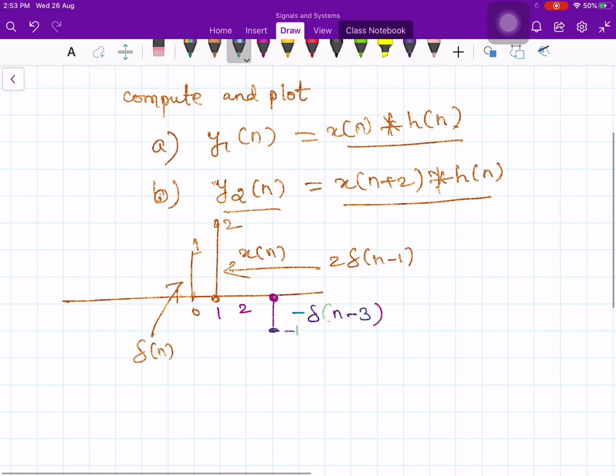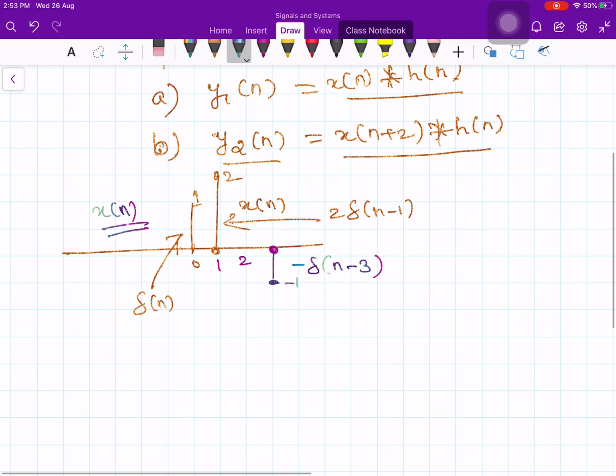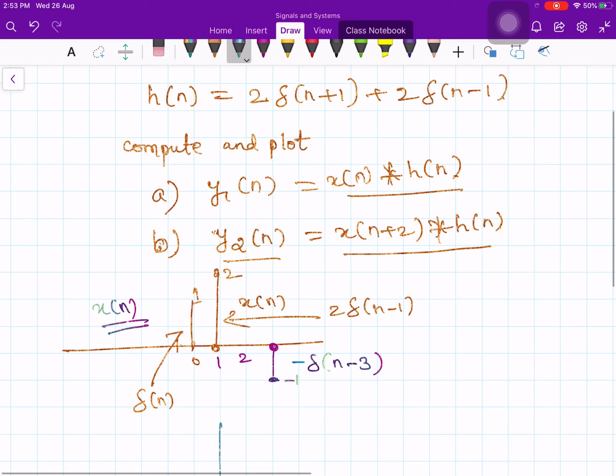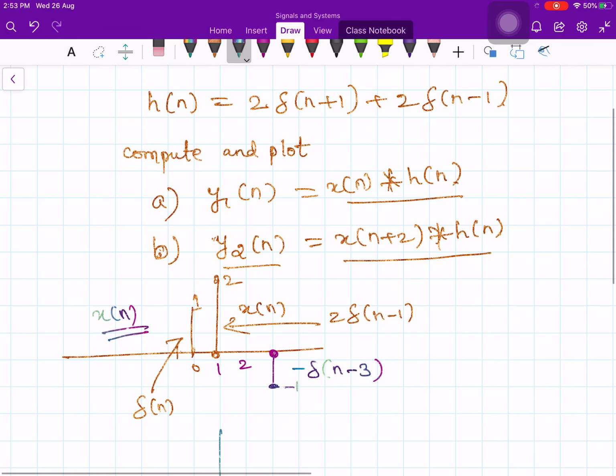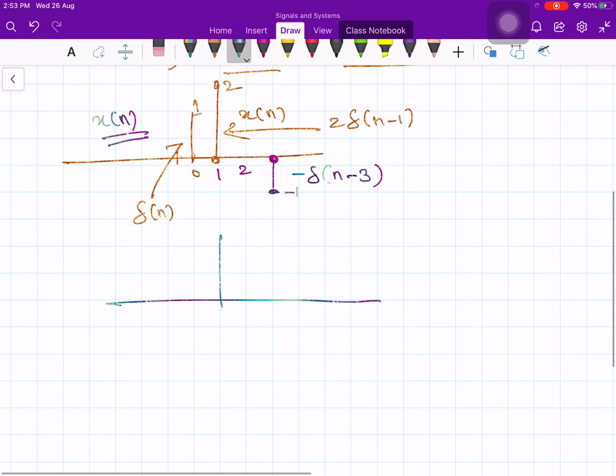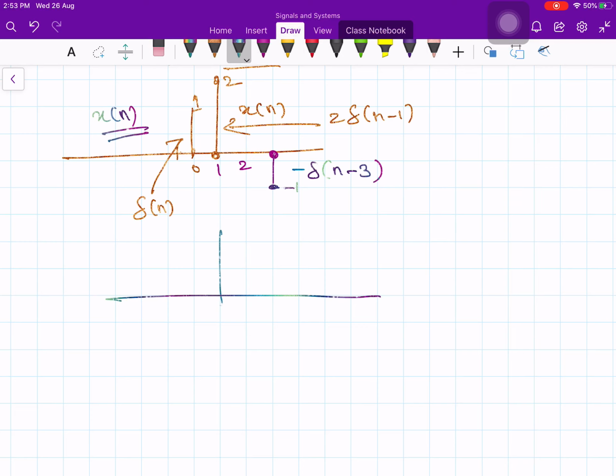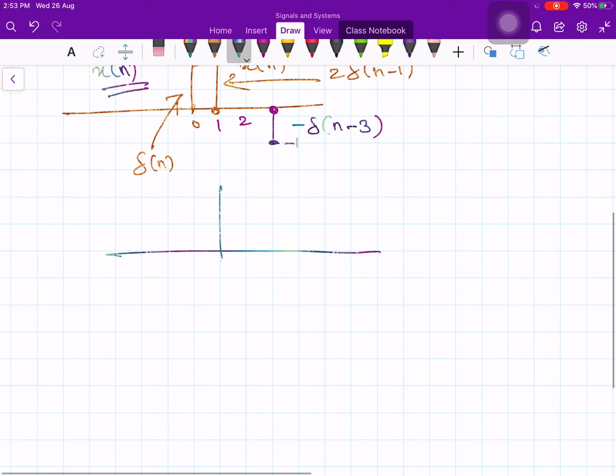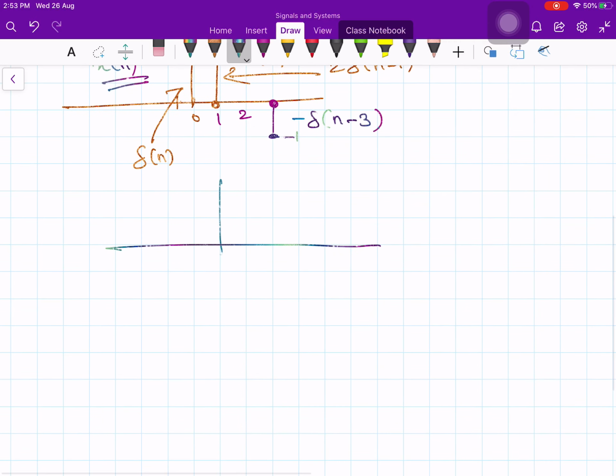Okay. Similarly, you can plot h of n also. H of n has impulses at n equals 1 and n equals minus 1, equally spaced. Let's say this is minus 1, 0, plus 1, and the strength is 2 times del of n minus 1, 2 times del of n plus 1.